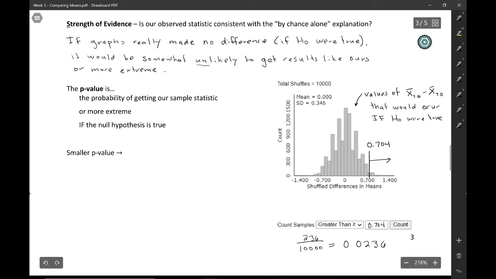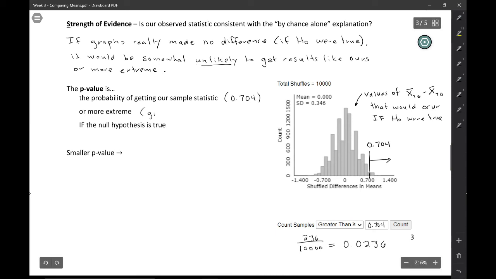So unlikely, that's kind of a vague term, but we can quantify it using the p-value. So the p-value is the probability of getting our sample statistic, which in this case was the difference in means, 0.704, or more extreme, and that's going to vary depending on how your alternative is defined.